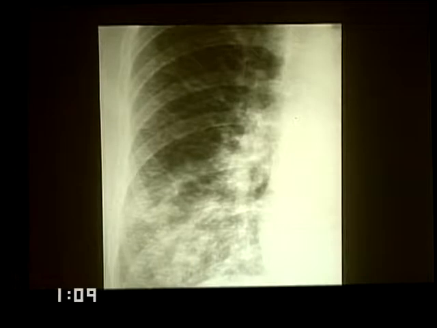We can see some which have become coalescent and become quite large nodules. And as the content is oozing out of them, we get incomplete filling of adjacent alveolar units, which is, for all practical purposes, not distinguishable from interstitial lung disease.